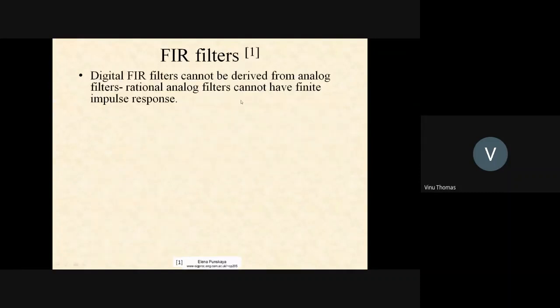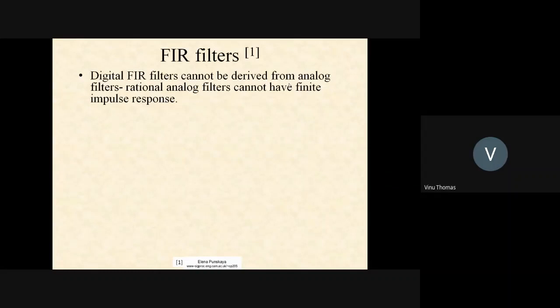Now, this is a very important observation. Digital FIR filters cannot be derived from the analog filters. The reason being that rational analog filters, which means the order of the analog filter is an integer. For example, the first order Butterworth filter, second order Butterworth, third order Butterworth, fourth order Butterworth, etc. If you look at the impulse response of such filters, you see that the impulse response will have infinite duration.